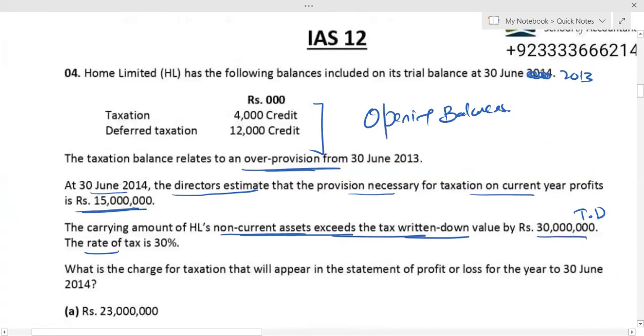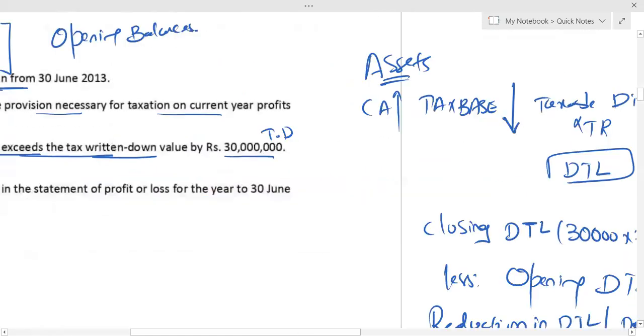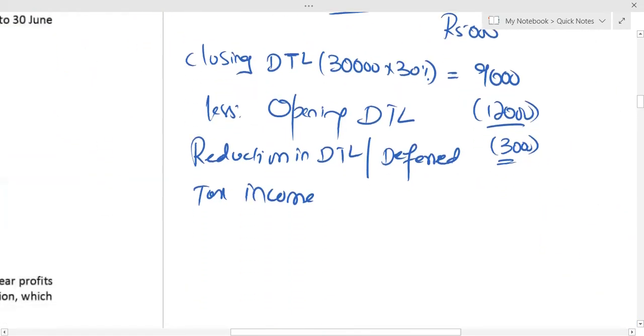Okay. And this 4,000 taxation credit balance represents the over provision. And what over provision does is reduce your current year income tax expense. Current year tax payable is 15,000. Now look at this.